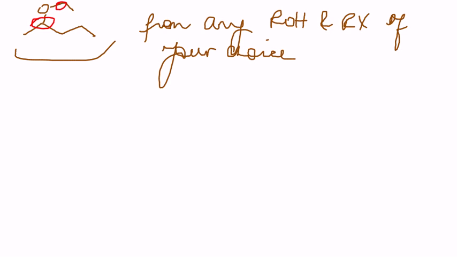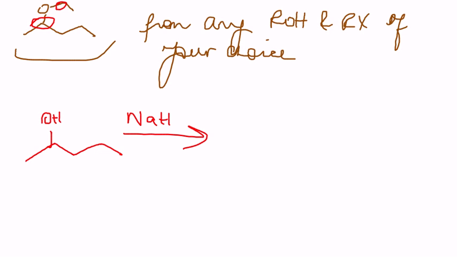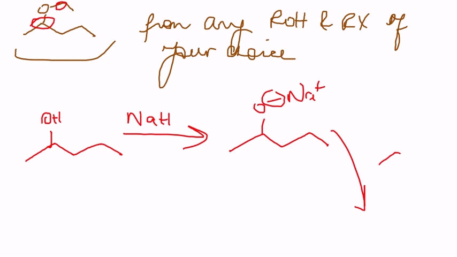However, if one of the sides is secondary, then you want to fixate that particular one as your alcohol. Treat that with the base that will give you the alkoxide, and then you will treat that with the 2-carbon chain to carry out the substitution reaction and get your product.